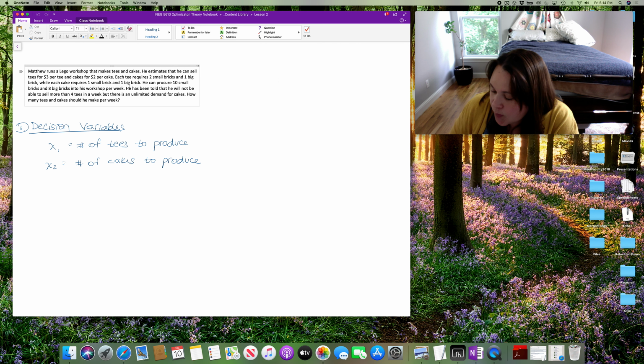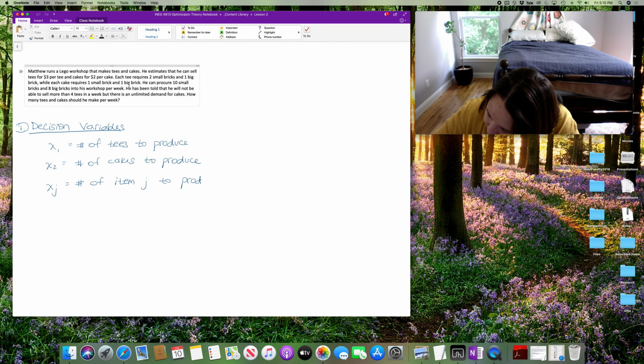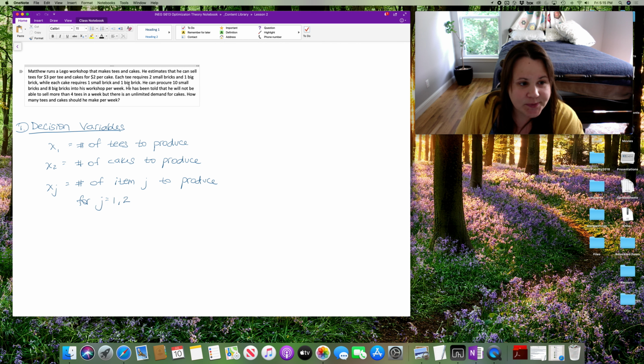And so here we use the x1, x2 rather than, let's say, a T and a C to represent teas and cakes, because we could scale this up very nicely and use shorthand where we could say x sub j is equal to the number of item j to produce. In our particular case, j takes on the values 1 and 2. So now we have our decision variables.